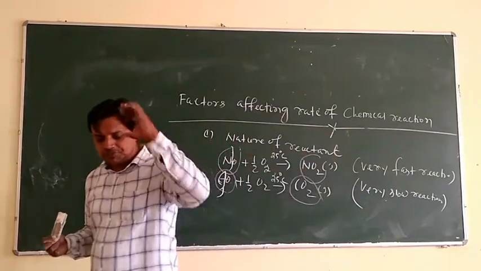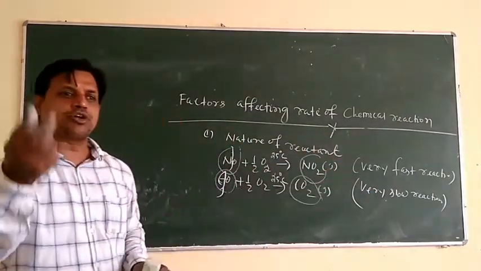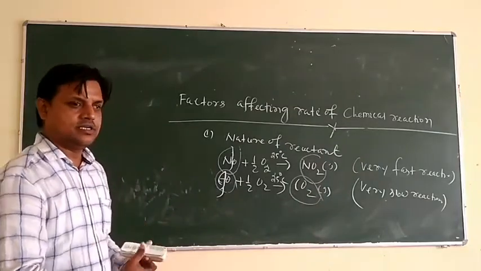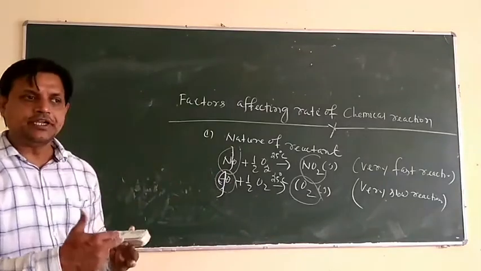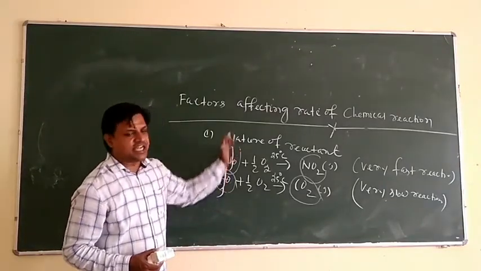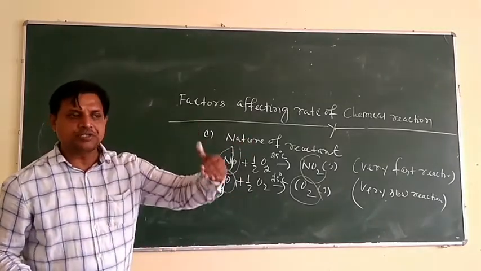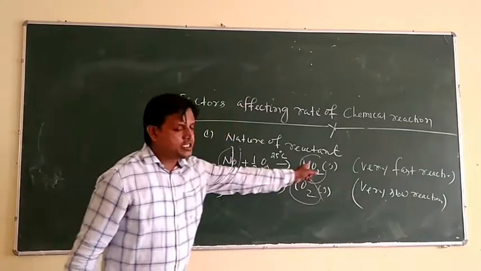So if bond energy of reactant is very less, then bond is broken easily and rate of reaction is very high or very fast. If bond energy of reactant is very high, or bond is broken with more difficulty, then the rate of reaction is very slow.